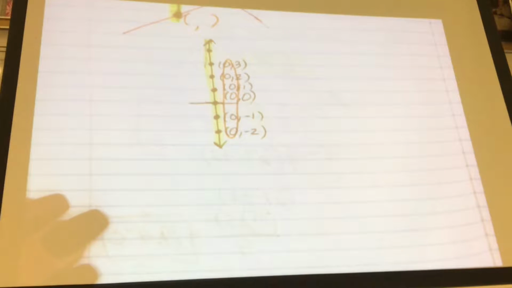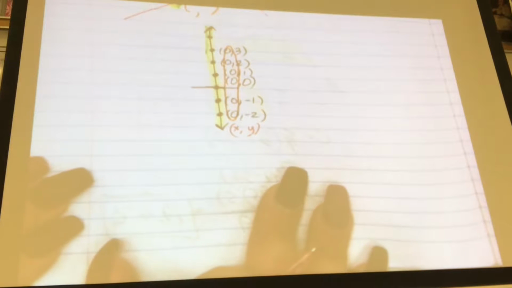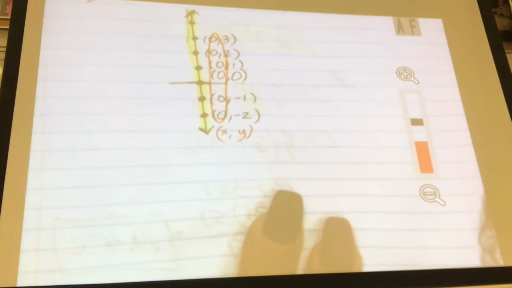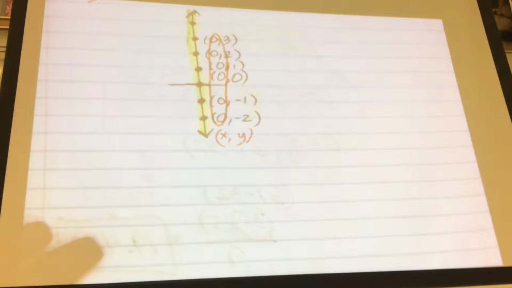I noticed that with the y-axis, they all start at 0. Yes, very good. They all have an x value of 0. So please put that down. It's always x and then y. So you notice that every single x value on the y-intercept is what number, Jose? 0. What do you notice, Dillinger, about the x value of every single x-intercept? It's always 0. Nicely done.